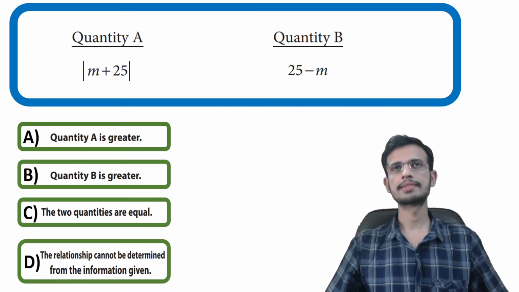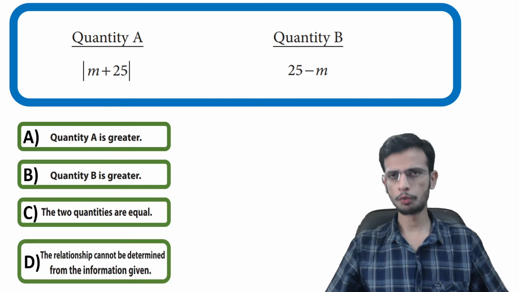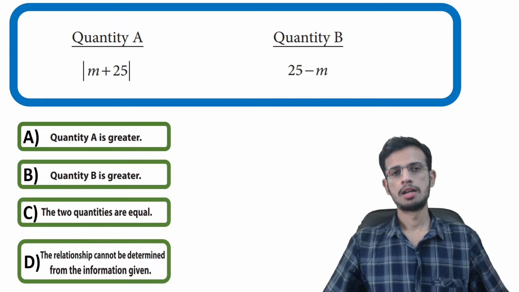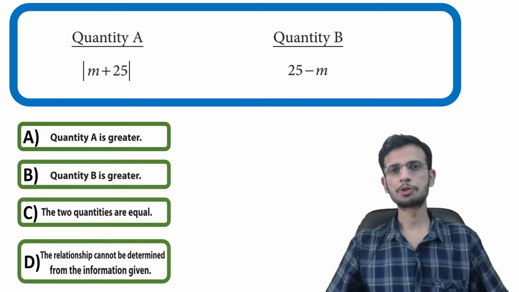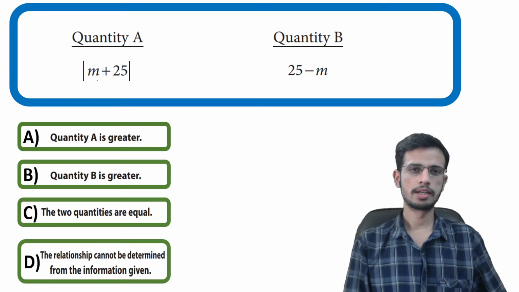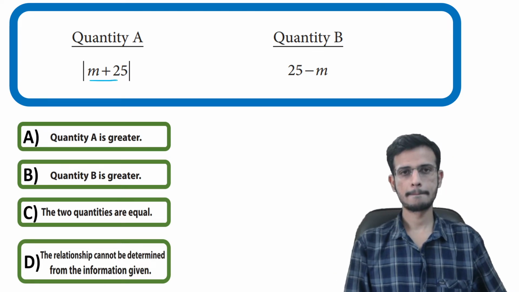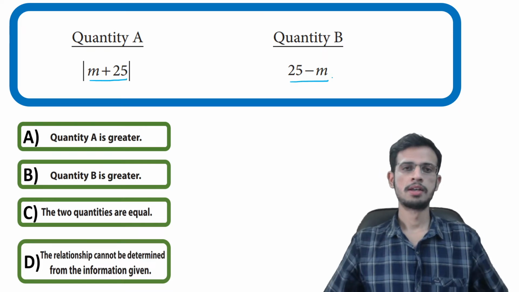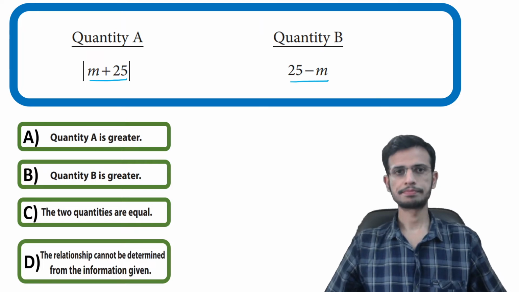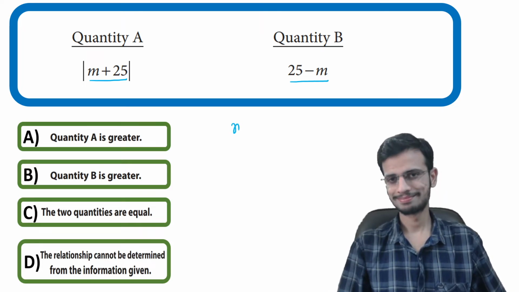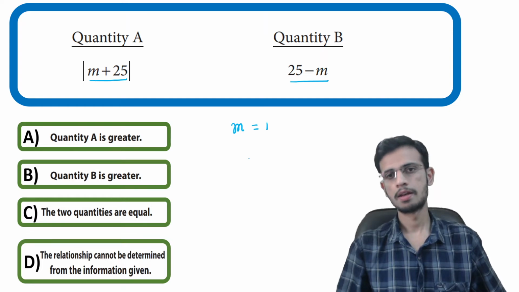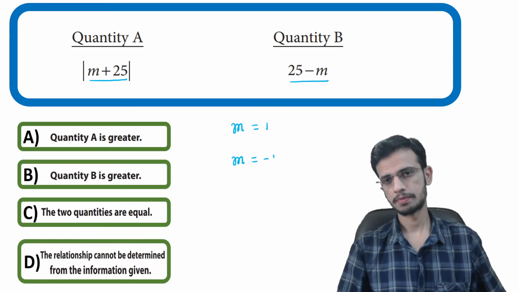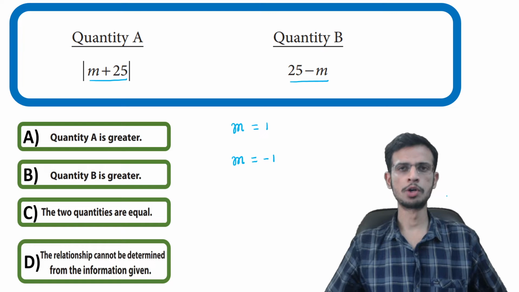In this type of question, you can put values of m. Just basic maths, high school mathematics. You can put m equal to 1, m equal to minus 1, m equal to 3, m equal to minus 4.